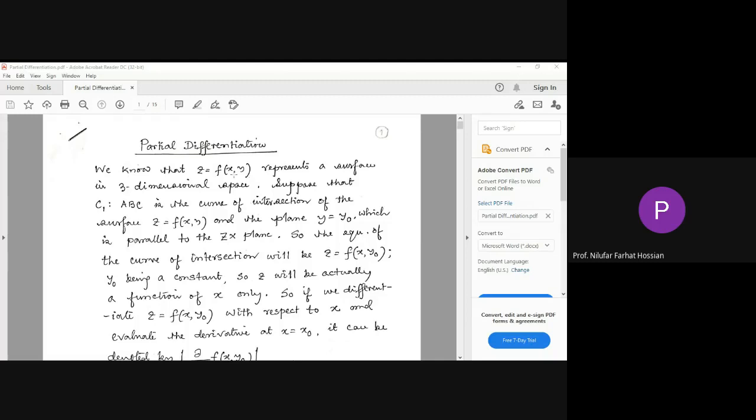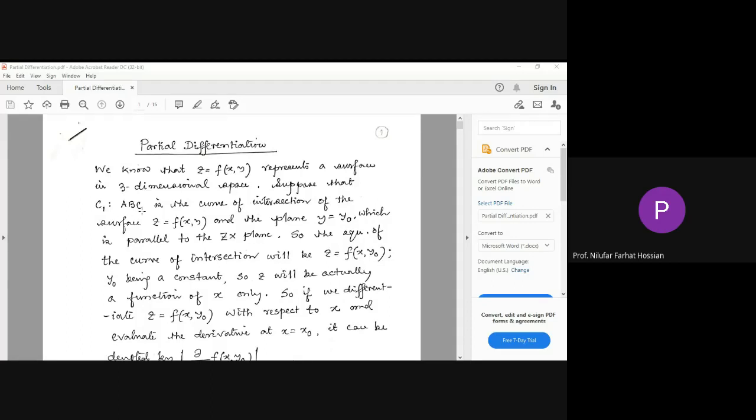And if you have the variables x, y, z in three dimensions, the equation may be like this: z equal to f of x, y. It may be x equal to some function of y and z. It may be y equal to some function of x and z, etc. In all these cases, this type of equation represents a surface in three-dimensional space.